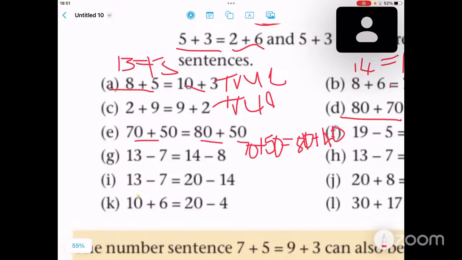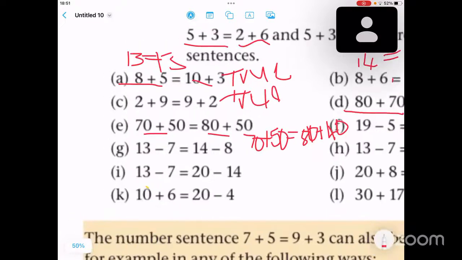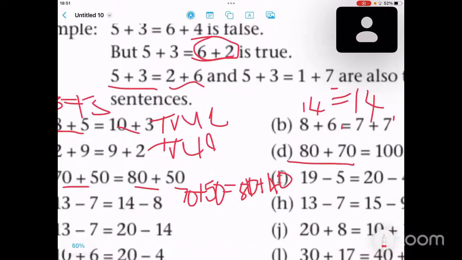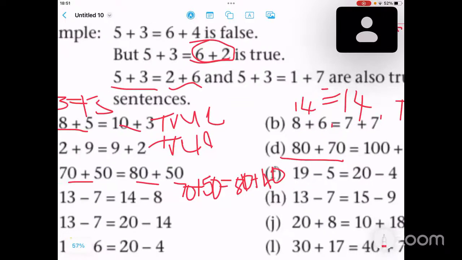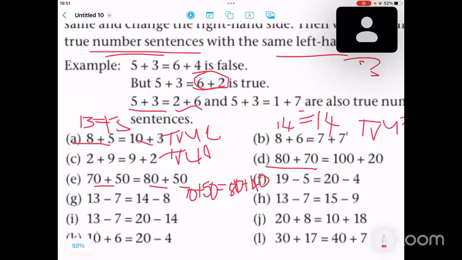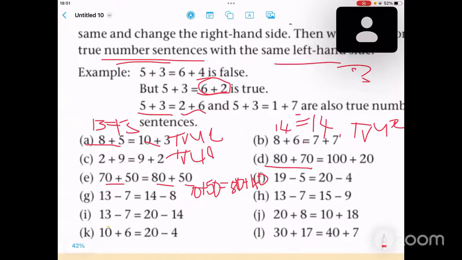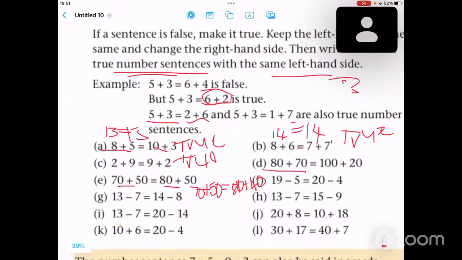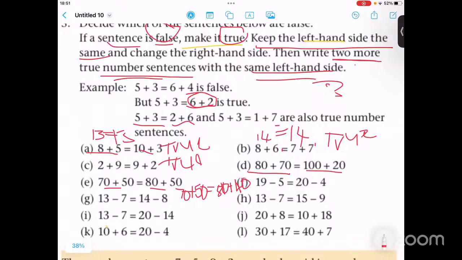We must then write 2 more true number sentences with the same left-hand side. Now that we have corrected this, how can we write this number sentence other than this way? How can we write a correct one?